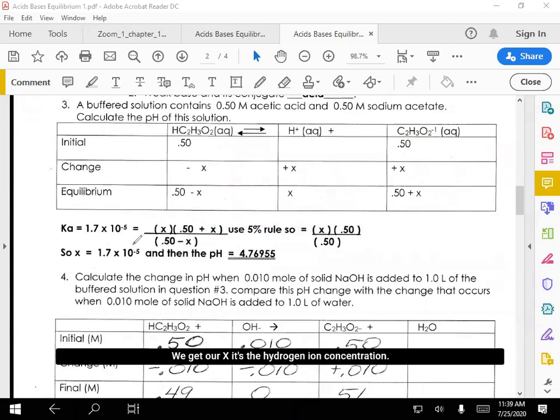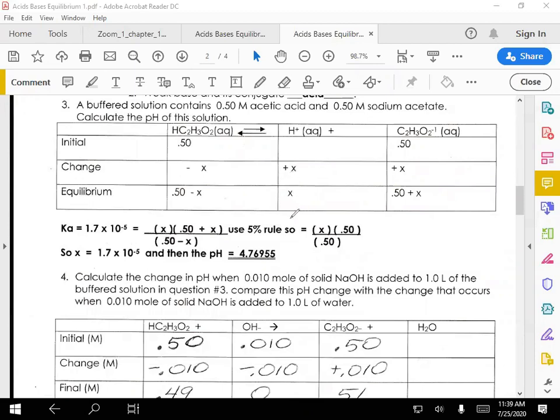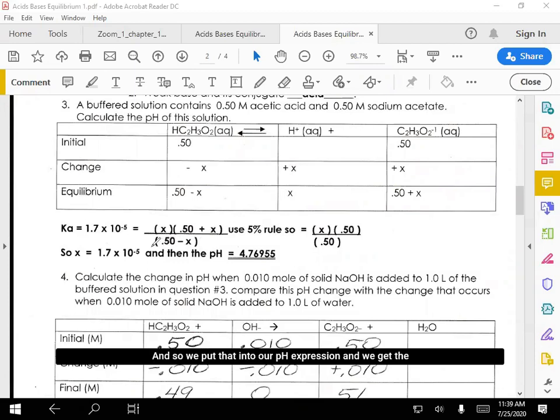We get our x. It's the hydrogen ion concentration. And so we put that into our pH expression and we get the pH. So this is the pH for our system in which we have 0.5 molar acetic acid and 0.5 molar sodium acetate.